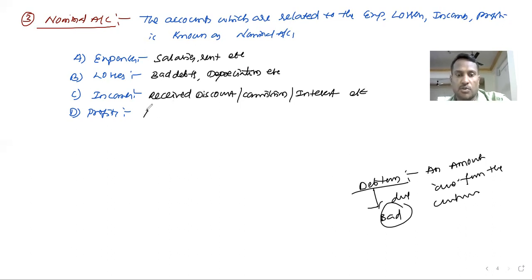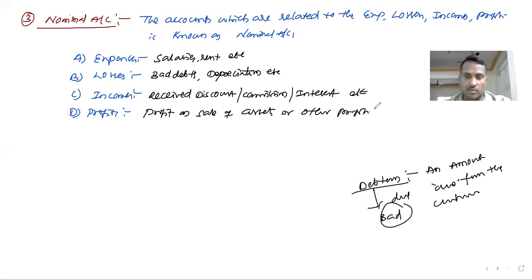Profits means profit on sale of assets or other profits. So nominal account means the accounts related to expenses, losses, incomes and profits. We have discussed expenses, losses, incomes, profits properly. Like the last accounts, this one also carries a principle, the principle of nominal account.